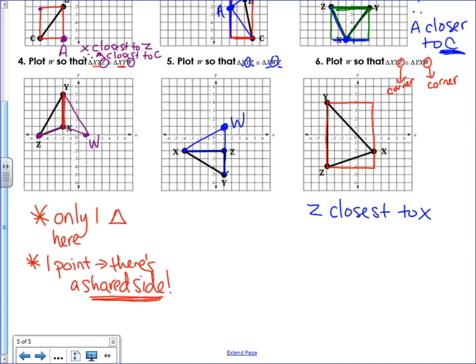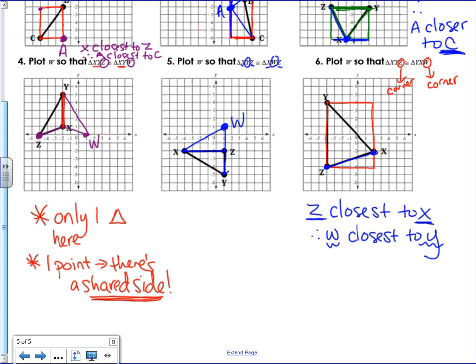Okay, well, to get from Z to X, I have to go up 2 over 1, 2, 3, 4, 5, 6. So up 2 over 6 gets me from Z to X. Okay? Based on our congruence statement, W should be closest to Y. Well then, however I got from Z to X, that's what I'm going to do to get from W to Y, or Y to W, whatever order you want to say.